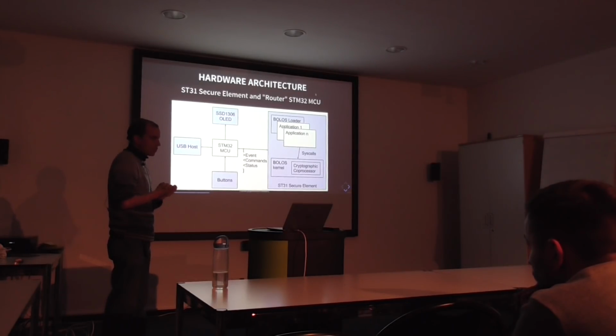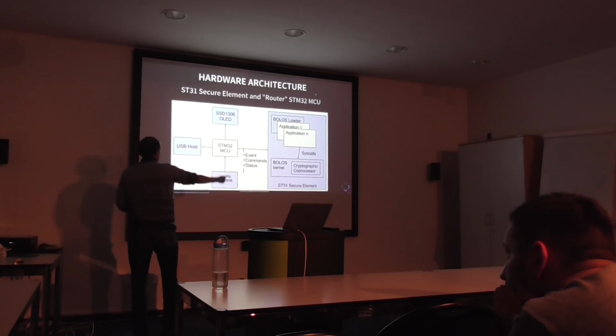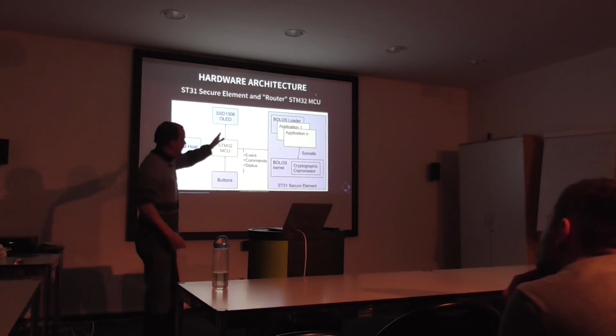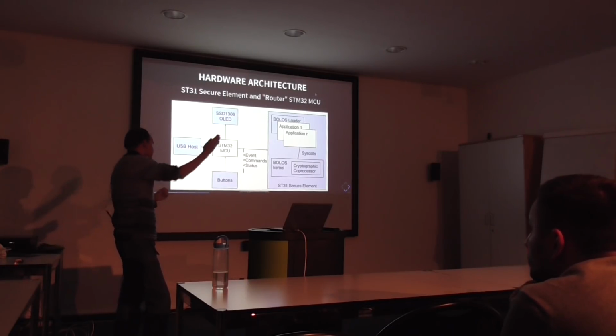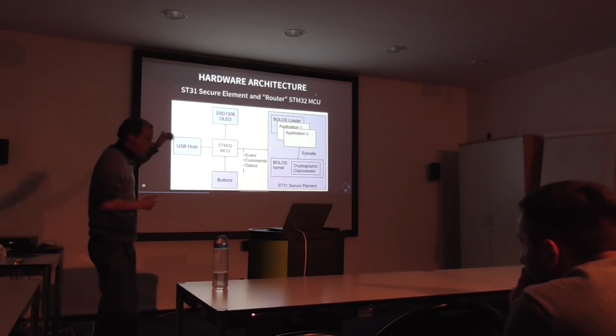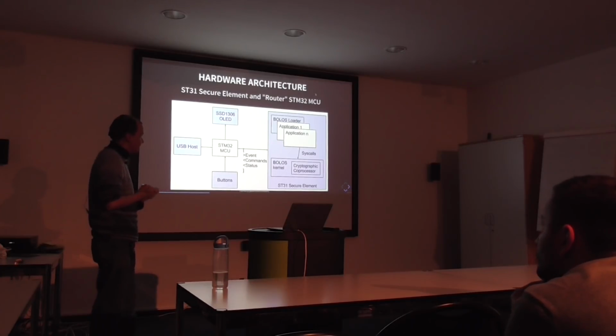So this also makes sure you can't just install any software on it, or you can't just extract data, because everything needs to go through this router. And it also solves the issue that from a technical point of view, the secure element doesn't have any IOs. It just communicates with this router, and this router has standard ports for USB and stuff like that.